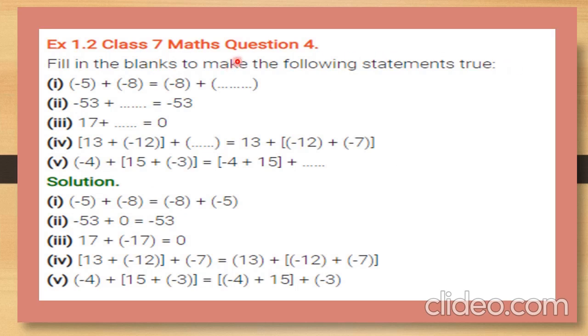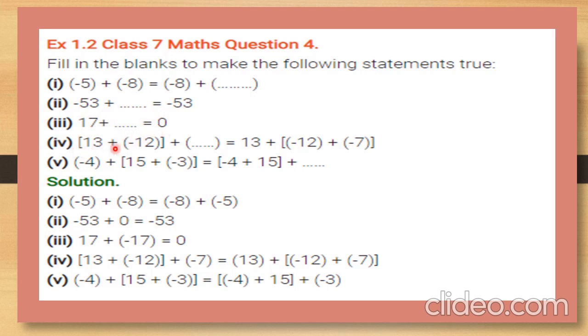So question number 4. Fill in the blanks to make the following statements true. First question, minus 5 plus minus 8 equal to minus 8 plus blank. Second question, minus 53 plus blank equal to minus 53. Third question, 17 plus blank equal to 0.